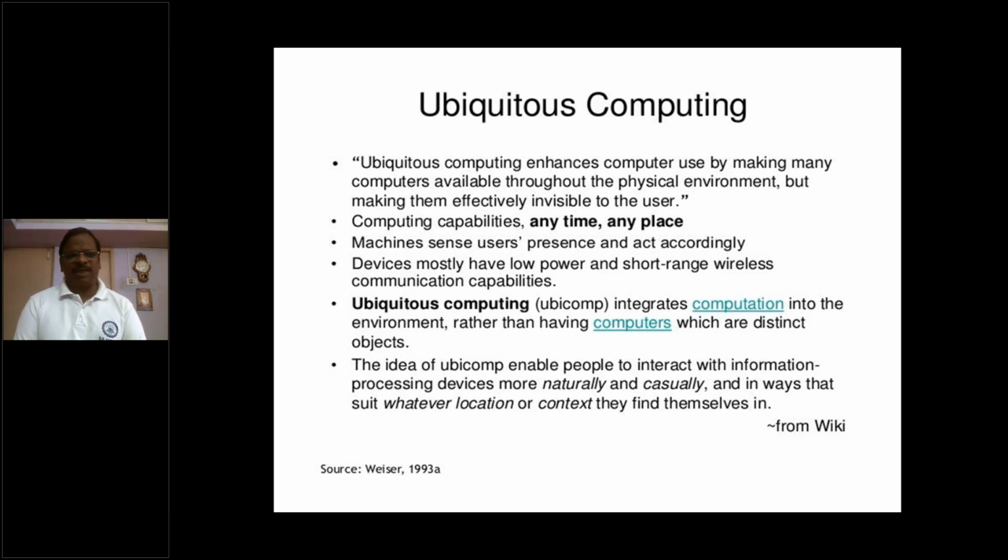We can casually and naturally perform any kind of activity in ways that suit whatever location or context they find themselves in. Whatever information is involved is carried out by means of these computing technologies.